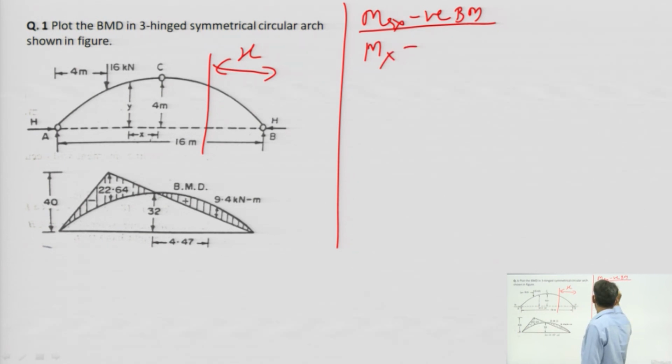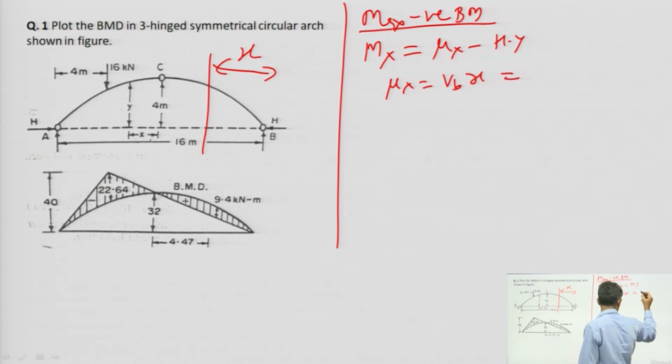So, moment is Mu x minus H into y. So, Mu x is V B into x. How much is V B?